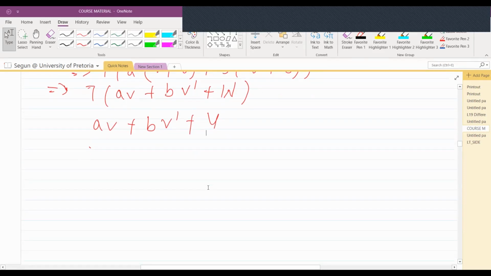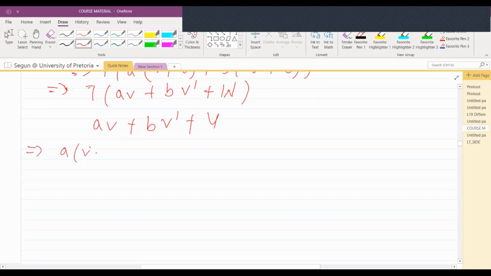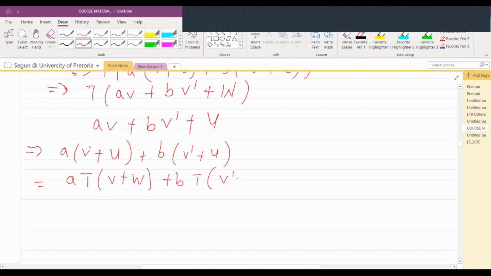So then I can now establish that, which implies A times V plus U plus B times V prime plus U, as we all know that they are all contained, which equals A times T of V plus W plus B times T of V prime plus W. Therefore, based on the definition of the linear transformation, our T is a linear transformation.